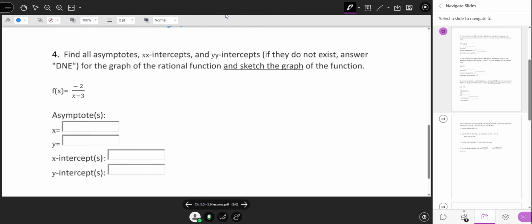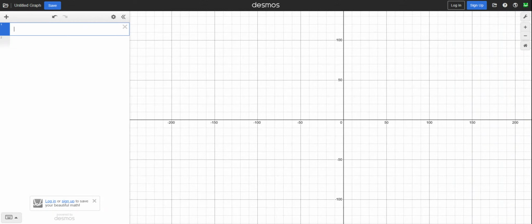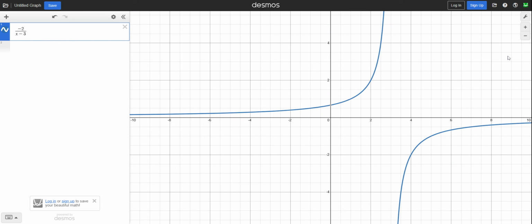So let me go to Desmos. Fraction key. -2 over x minus 3. Let me hit home.